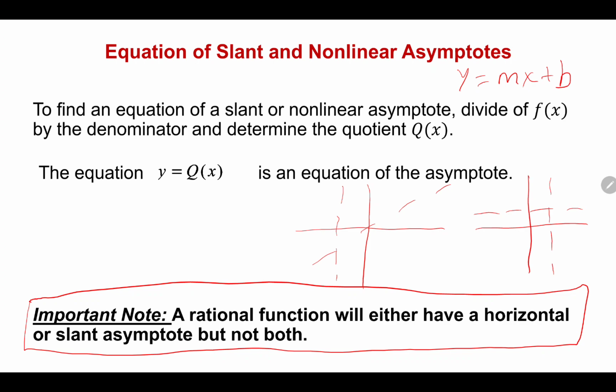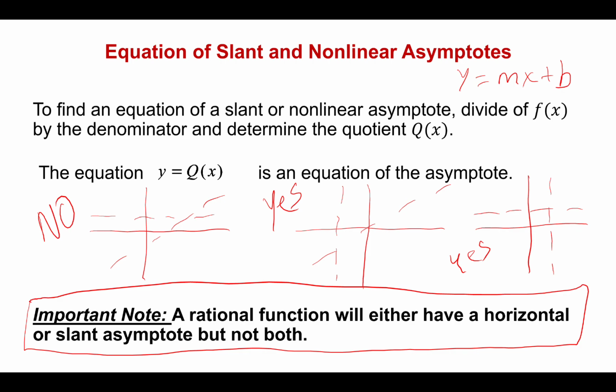It cannot have a horizontal and a slant. That won't work. Yes and yes. Okay, we cannot have a horizontal and a slant. And the slants aren't always going that direction. It could go whatever direction. But I want to be clear, we can't have both.